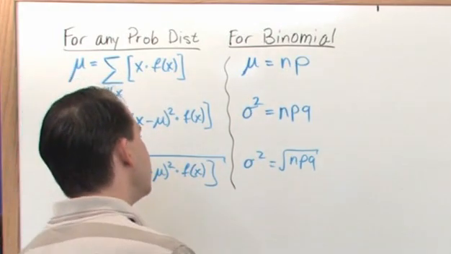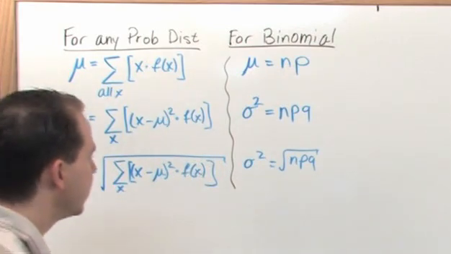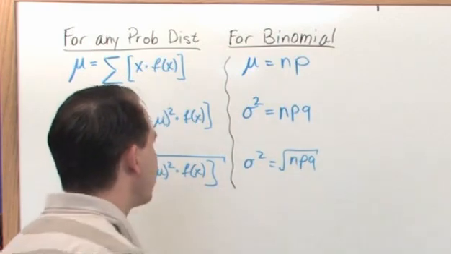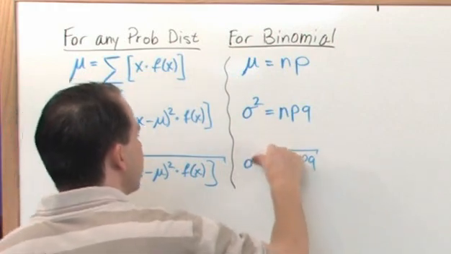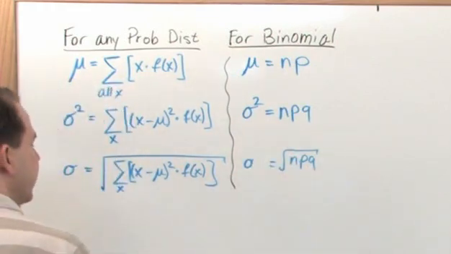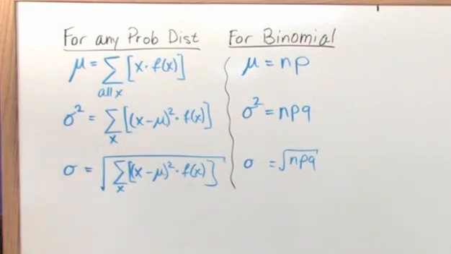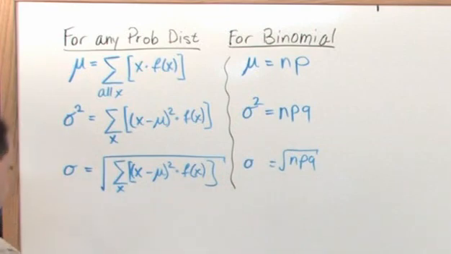So it's really convenient. You don't have to go through and tabulate all this stuff like we did a few sections ago. If you know it's binomial, n and p and q are always given to you in the problem. Oops, I wrote something down wrong. Sigma is the standard deviation down here. You're going to be able to calculate the mean and the standard deviation really quickly with just the information given to you in the problem. And these two things here are the most important things to be able to calculate anyway, okay?